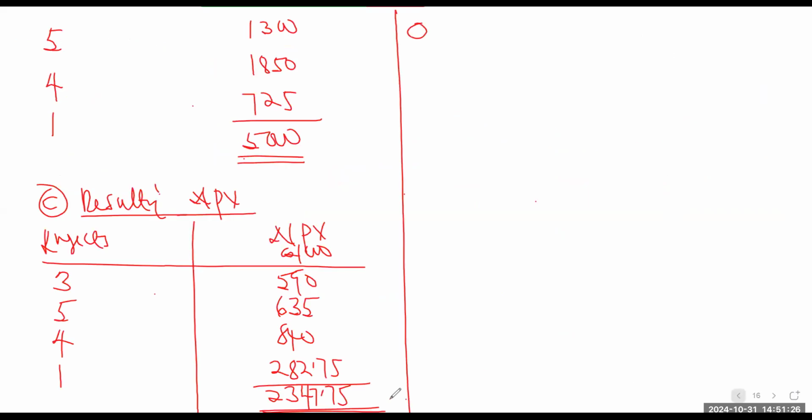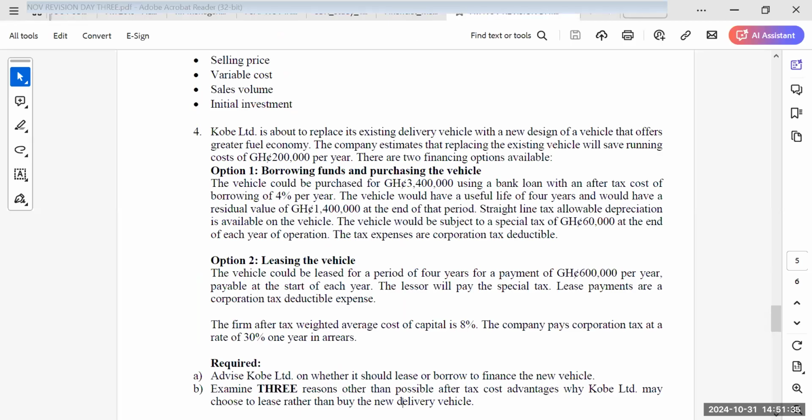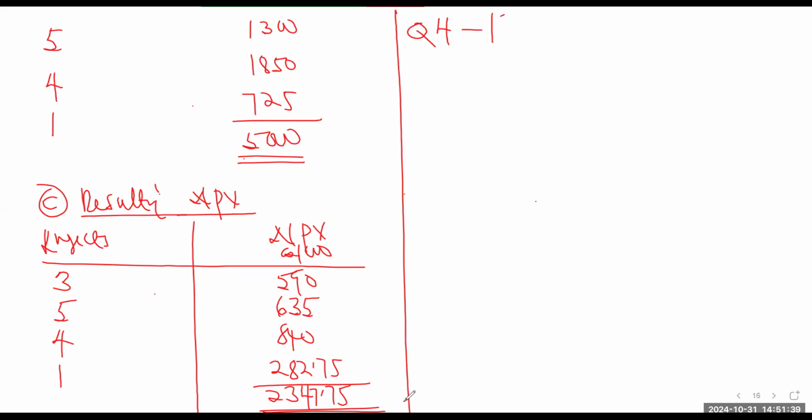So I have the question number what? Question number 4, that will be Kubi Limited. So for question number 4, Kubi Limited, we now come to tax benefits. So we calculate the tax benefits the way we have been calculating it.